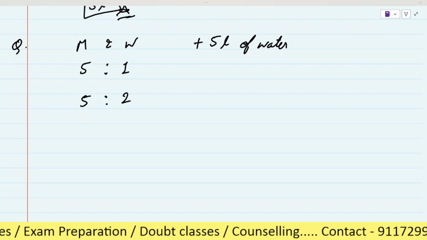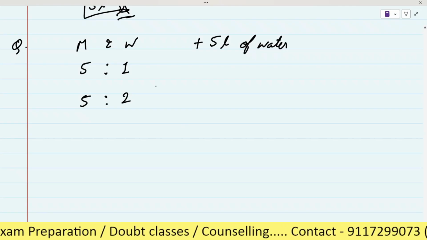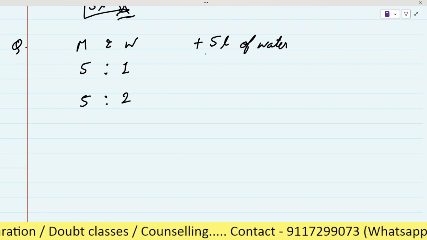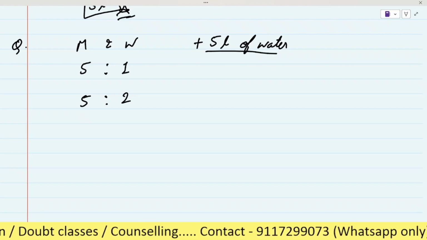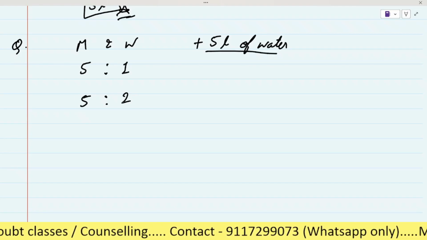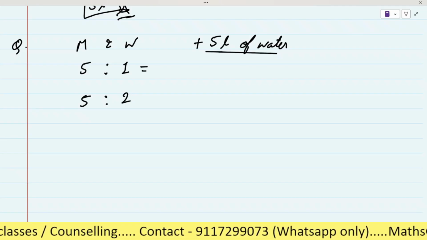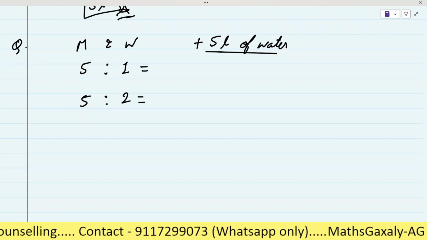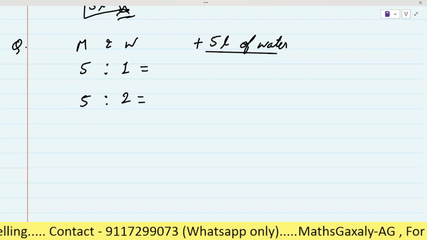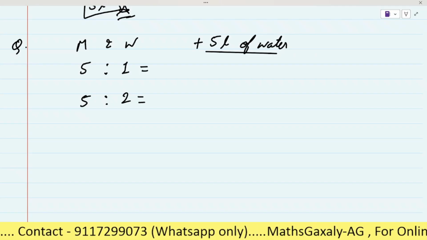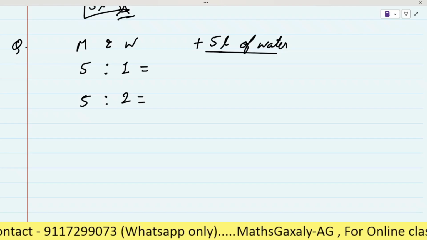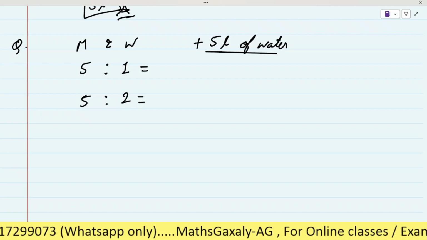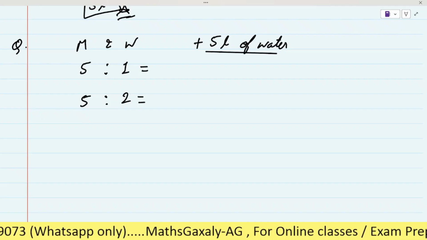No problem. Let's see here how we will do it. As here milk is to water was 5 is to 1, right? After adding 5 liter water, the ratio becomes 5 is to 2. Here, as you can see, the milk is same, right? And there is no point of discussion in the question regarding the milk, whether adding or withdrawing milk, so it means the milk is as it is.